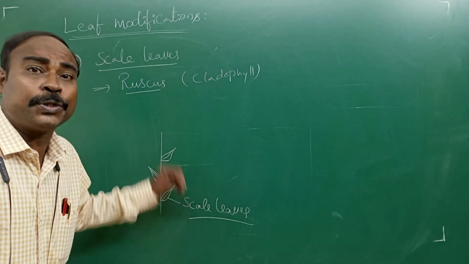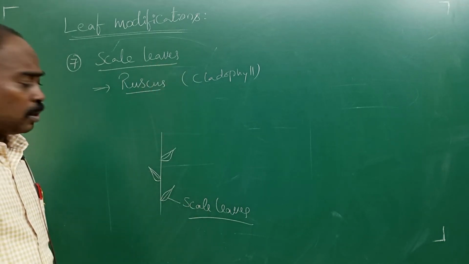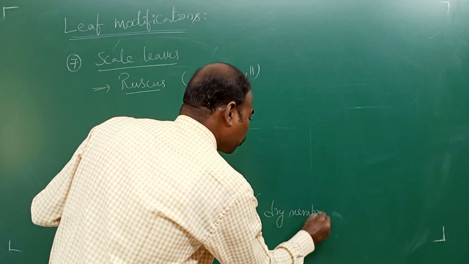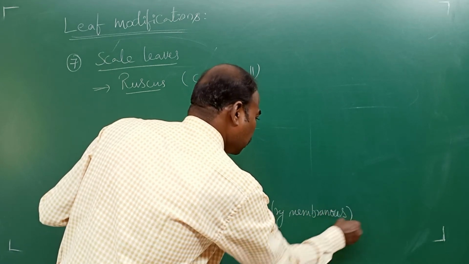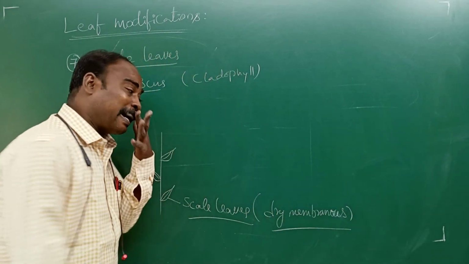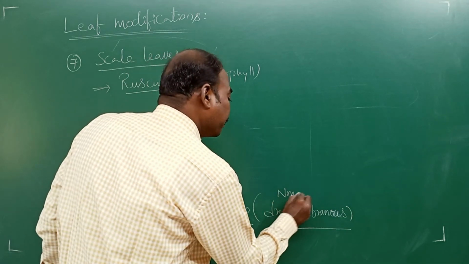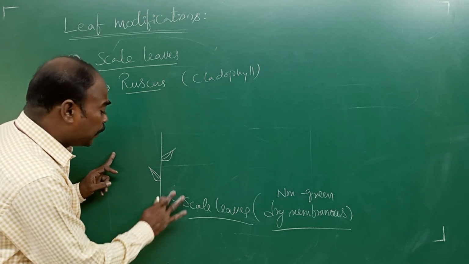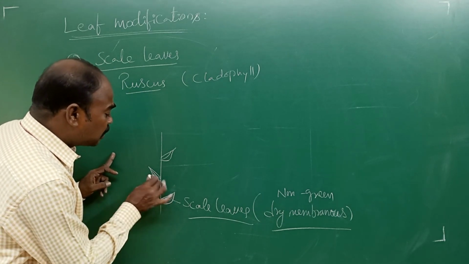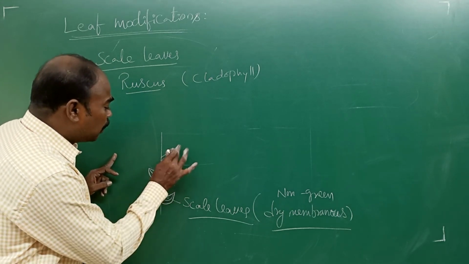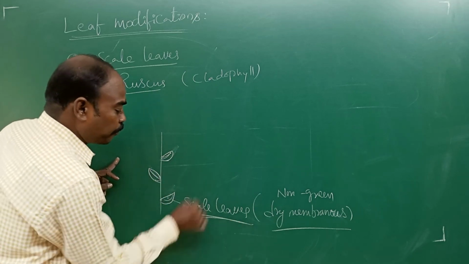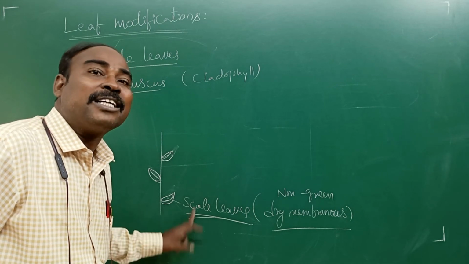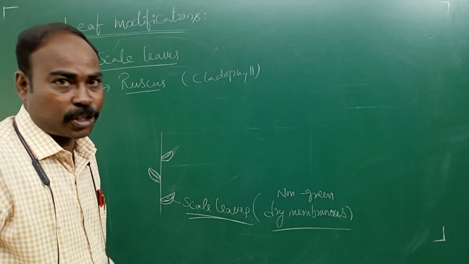The leaves are reduced into dry, membranous, non-colored, non-green scale leaves, to avoid transpiration, to reduce the rate of transpiration.